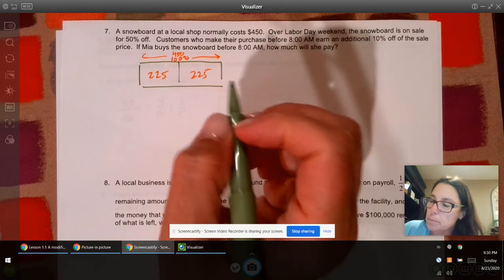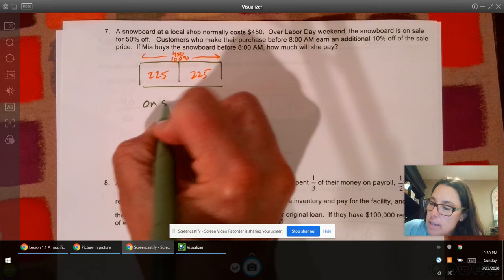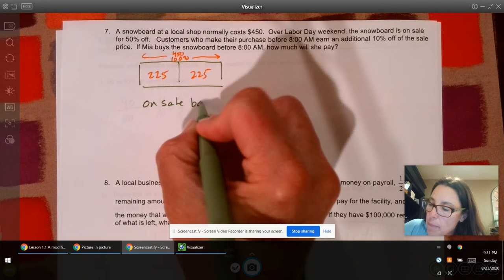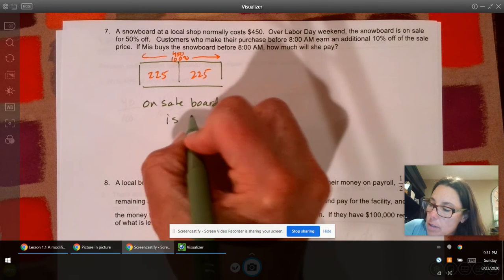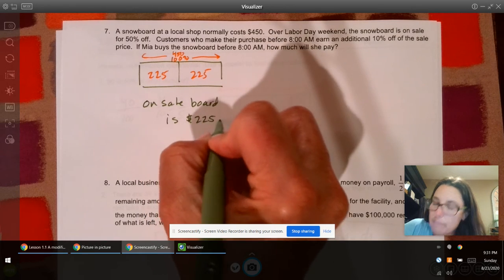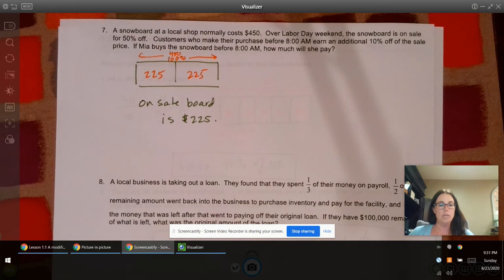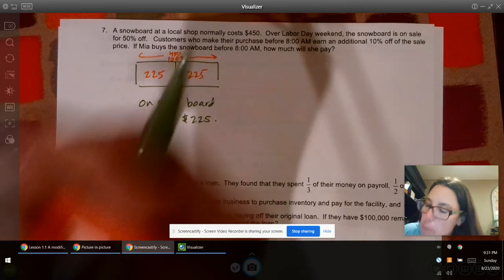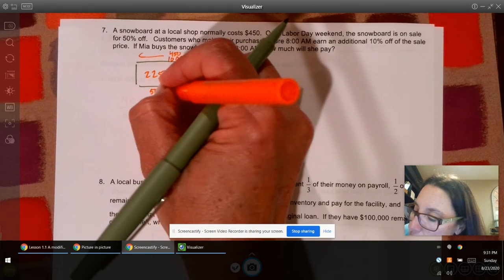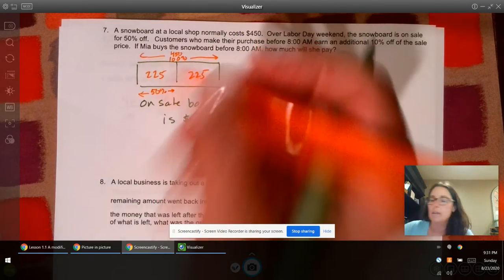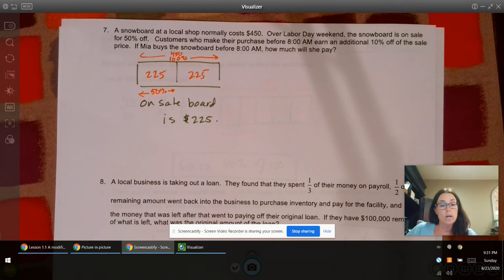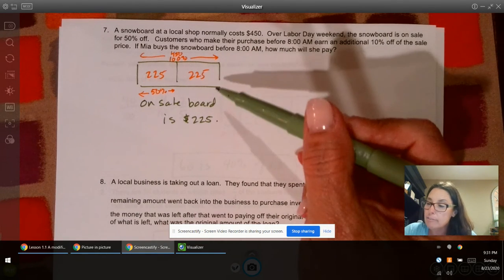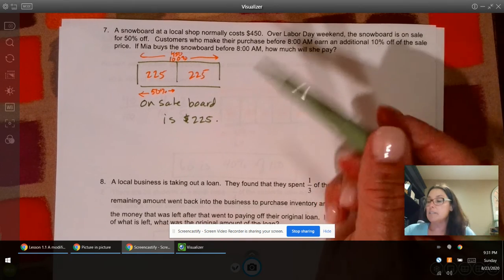So on sale, the board is 225. That was 50% off. Let me mark my 50%. Now we're going to take that 225 and find 10%.